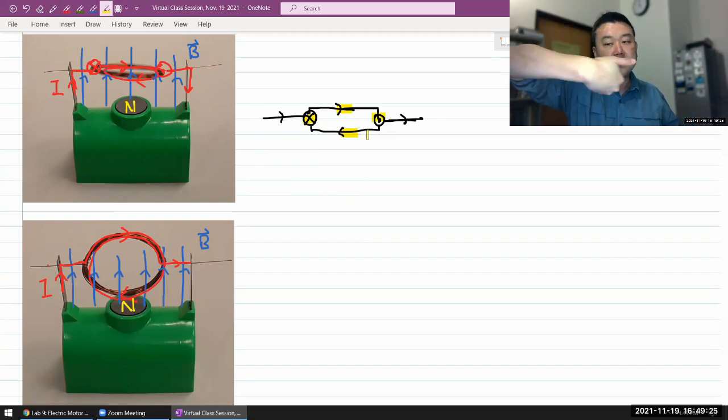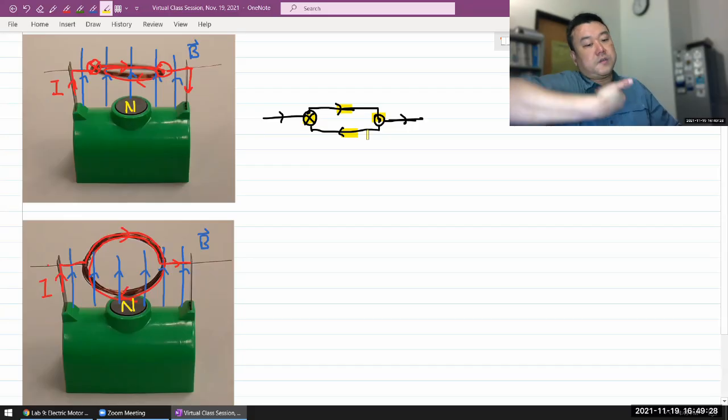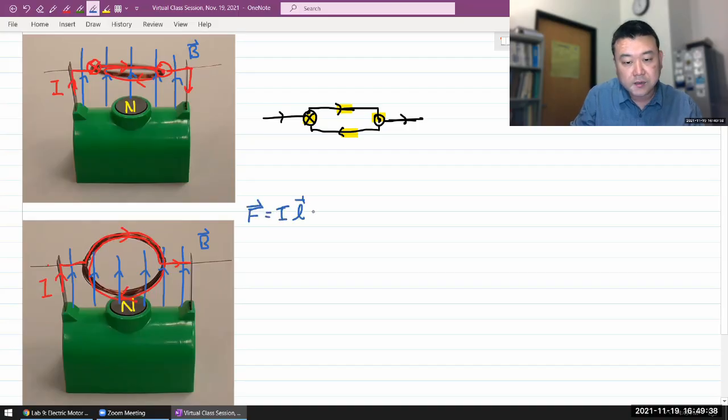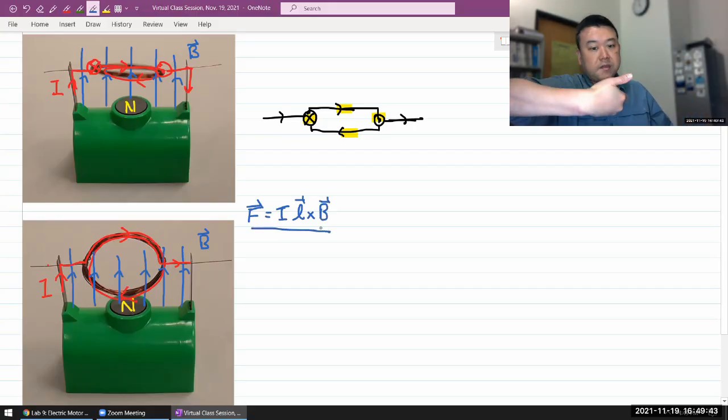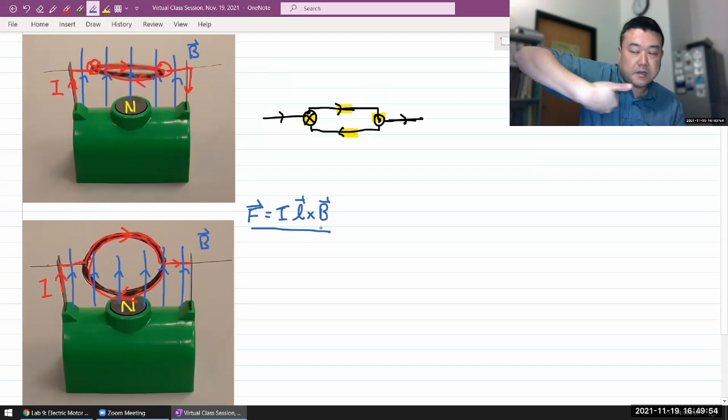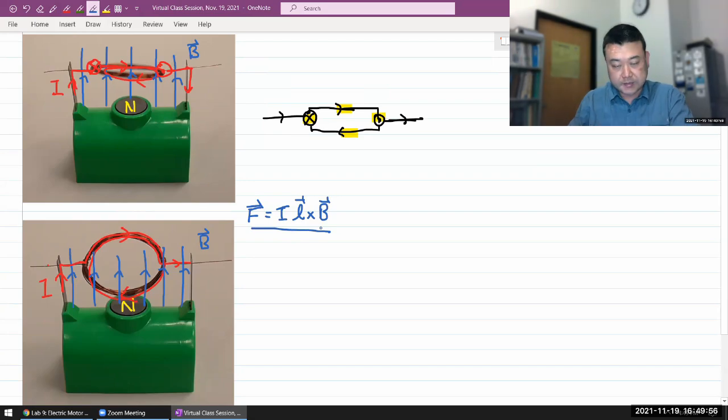I'm using this expression that you have seen before, that the magnetic force on a current carrying wire is current times L cross B. So the direction of L is into the screen, and I want my hand to be oriented so that when I curl my fingers, they curl up towards the magnetic field. So my force is rightward for this segment of wire. So I have a rightward force here.